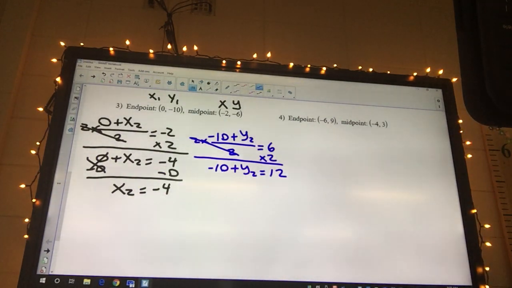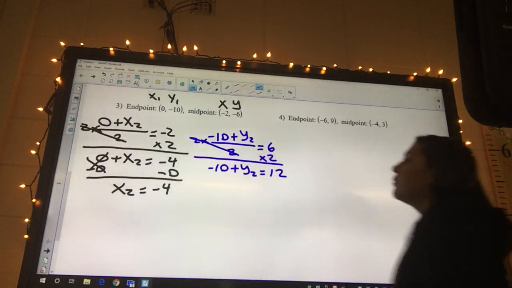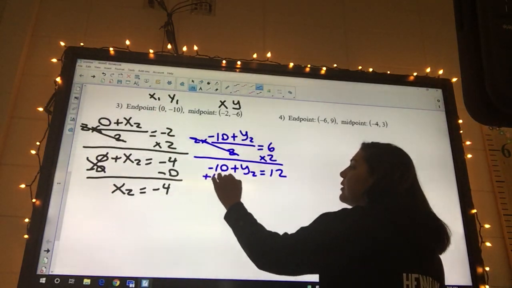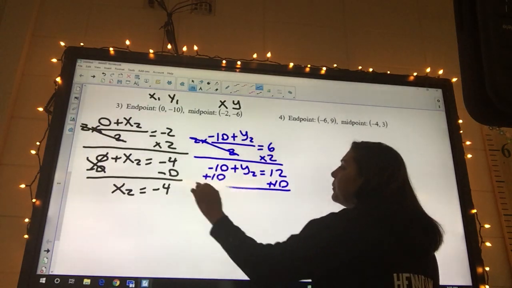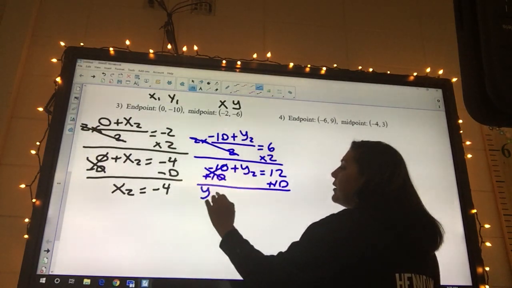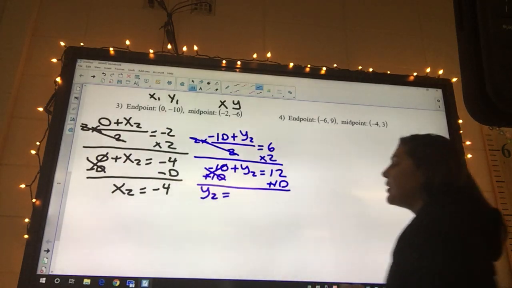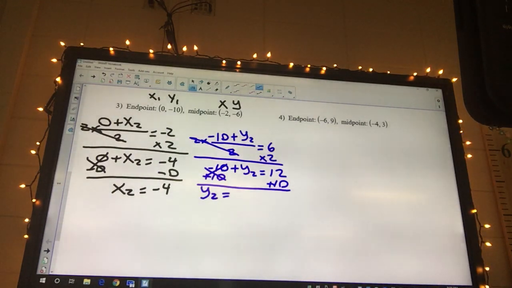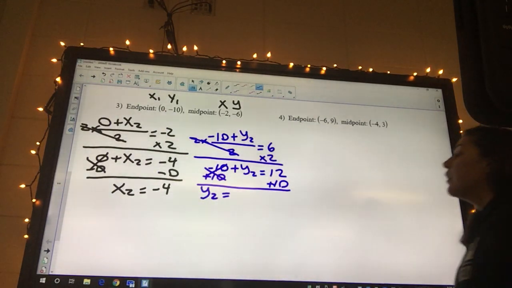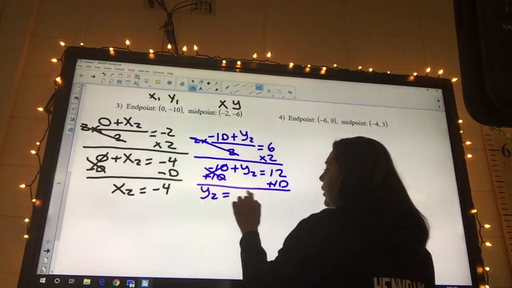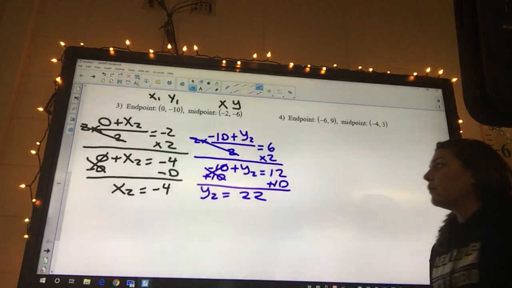Plus 10 on both sides. Okay, so I got y sub 2 equals 12 plus 10. 22. Oh, yeah.